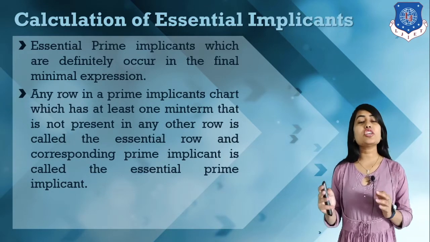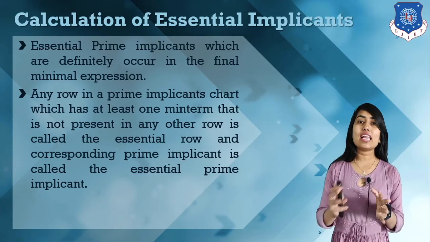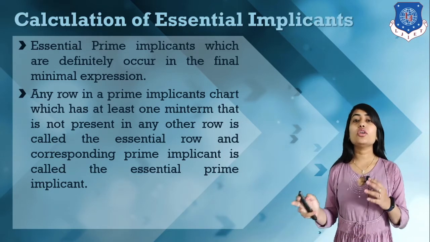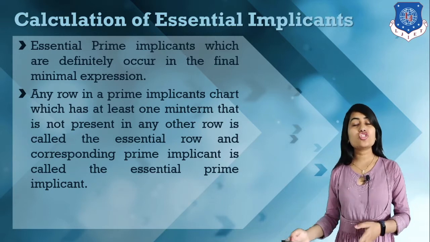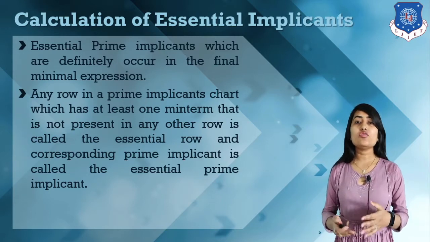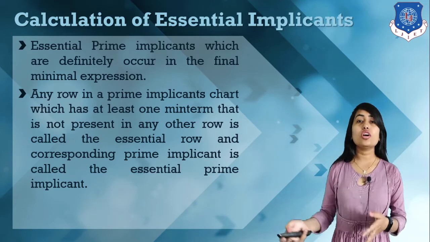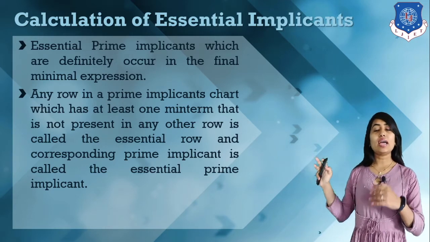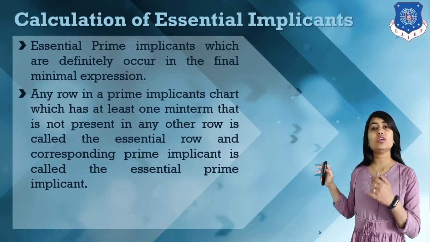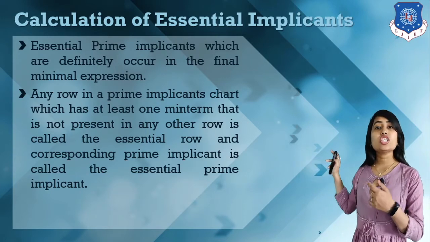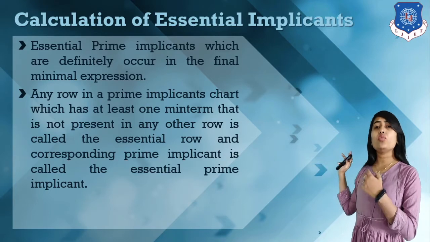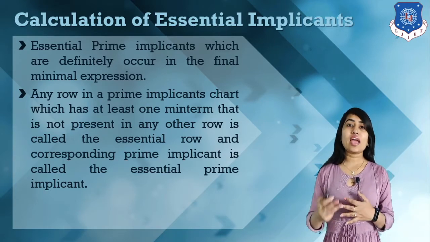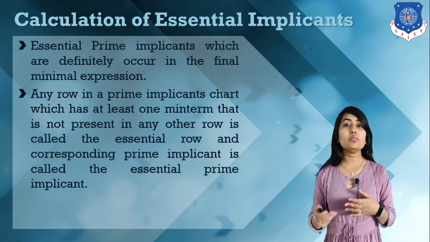They are calculated by making a prime implicant chart. In the prime implicant chart, we have to identify the prime implicants in which only one row has a cross. Using this we can identify our essential prime implicants.